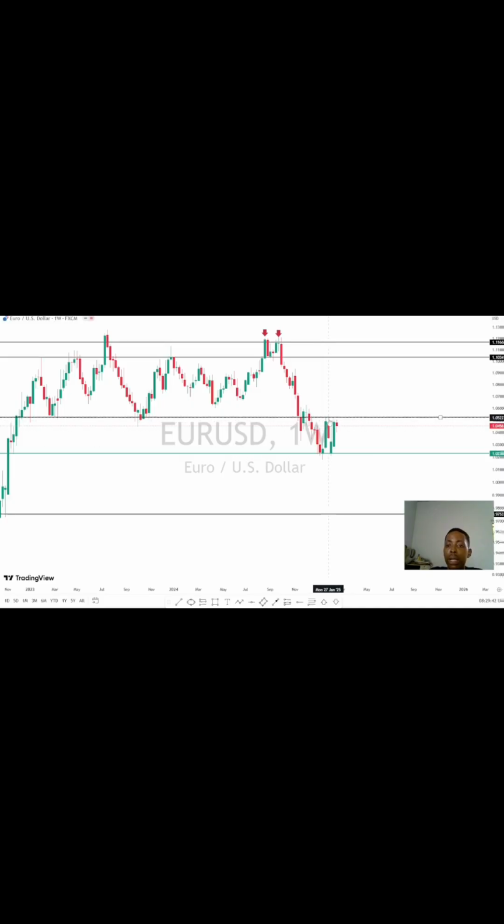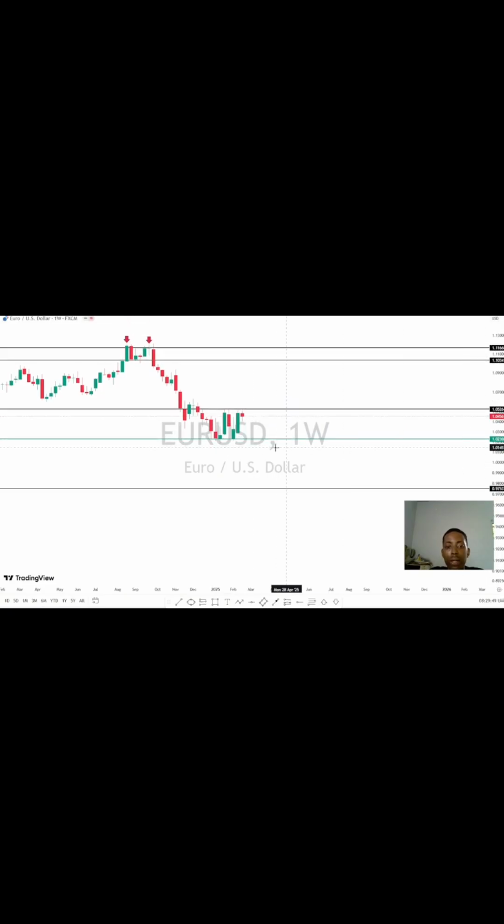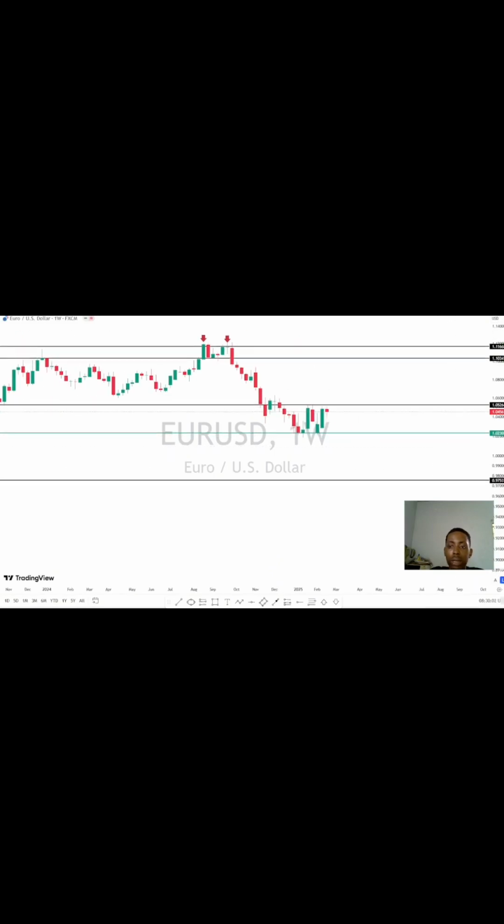When we pushed back and formed this weekly bearish candle here, I thought that the market could have broken this level, retested, and kept on heading down to at least 0.97537. But that didn't happen.